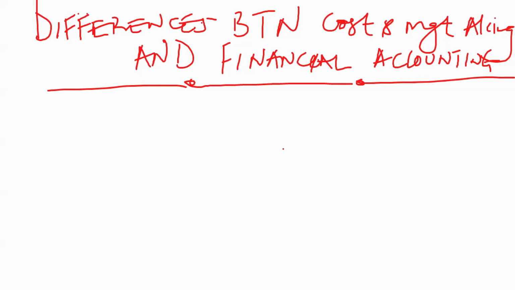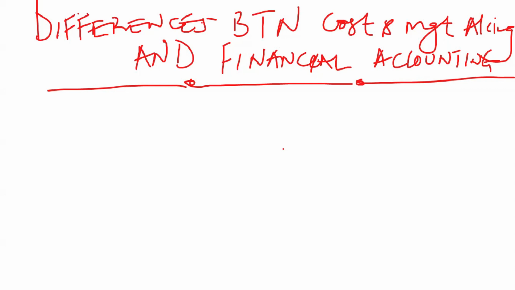We want to see how we can differentiate those two, because they may ask you to differentiate between cost and management accounting and financial accounting. And that's why they usually ask that question in the exam, so we are going to focus on it and see how we can differentiate those.